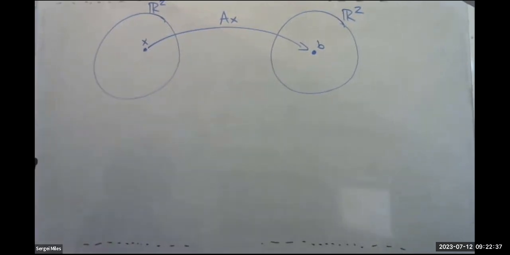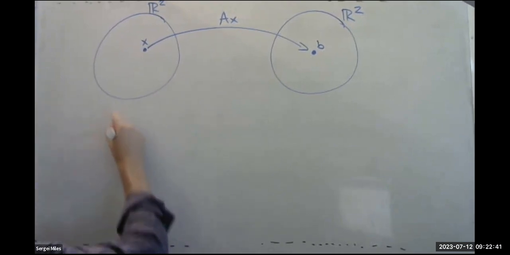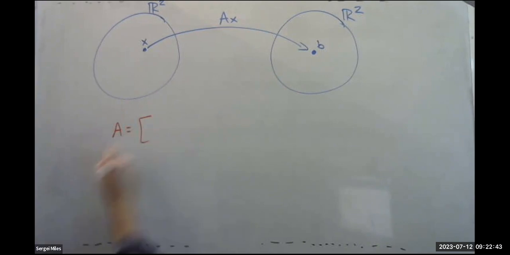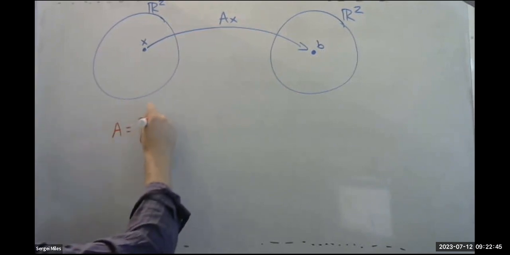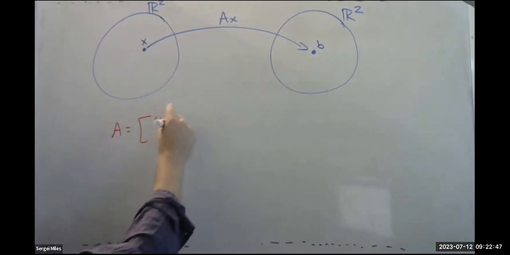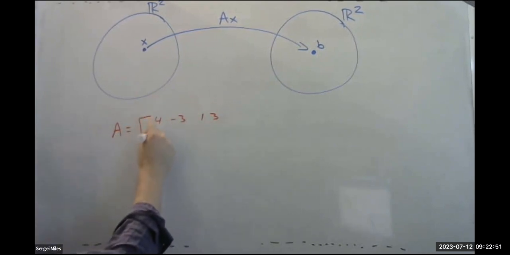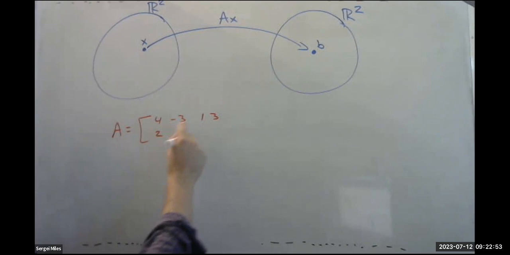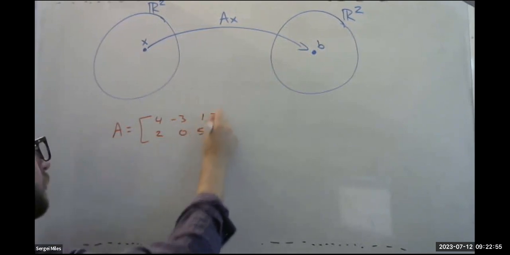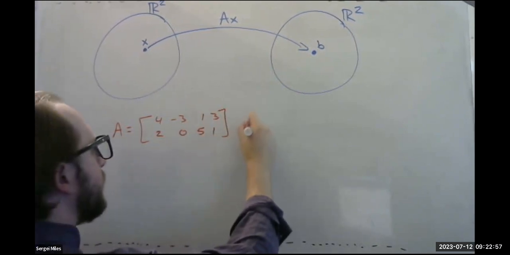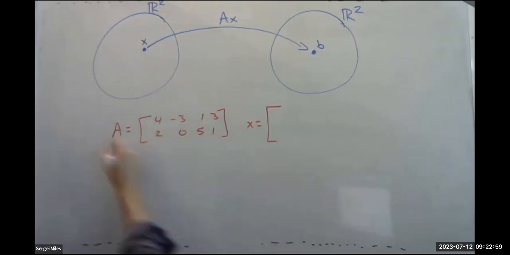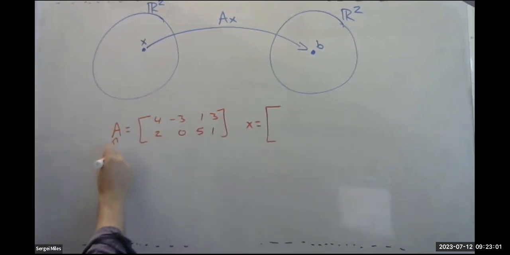What about another example? Well, let's think about what if instead I have A is this matrix 4, -3, 1, 3, 2, 0, 5, 1. And let's say x. Now look, A is a 2 by 4, right?